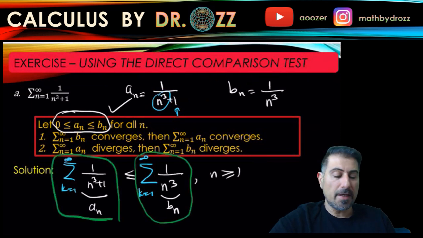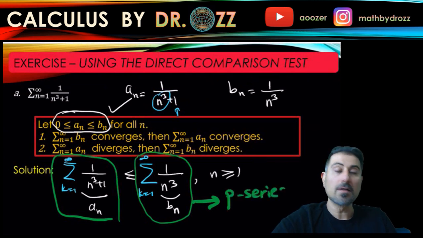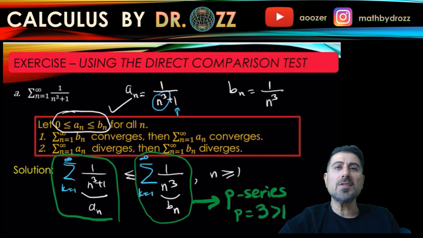What do I know about this infinite series? First of all, it's a known type of series. It's a p-series, 1 over n to the power of 3, so it's a p-series with p equals 3, which is greater than 1. That's good, because a p-series for p greater than 1 is always convergent.